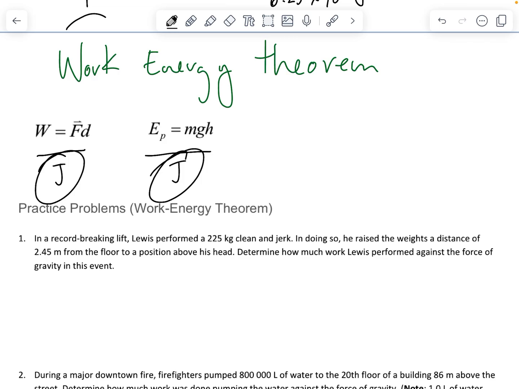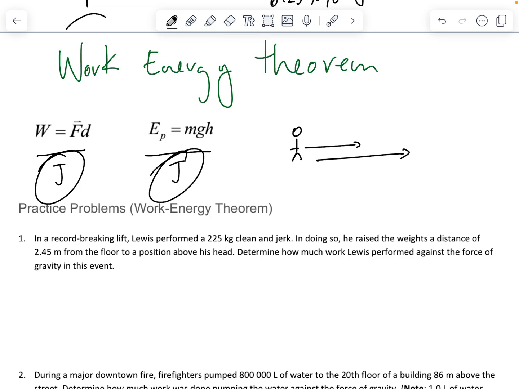And so work is a force spread over a distance, but it's also related to a change in the energy, right? So you can imagine if somebody was traveling and going this way, they'd have some energy. And if somebody pushed them, they would go even faster.